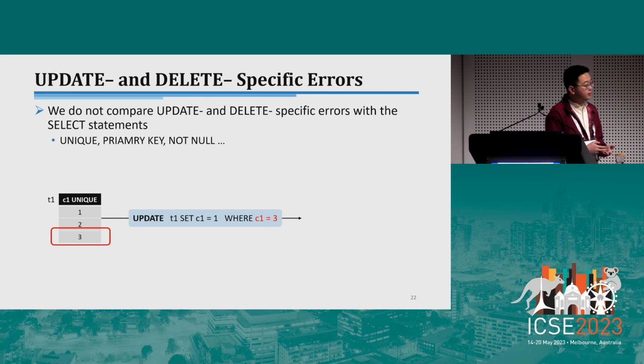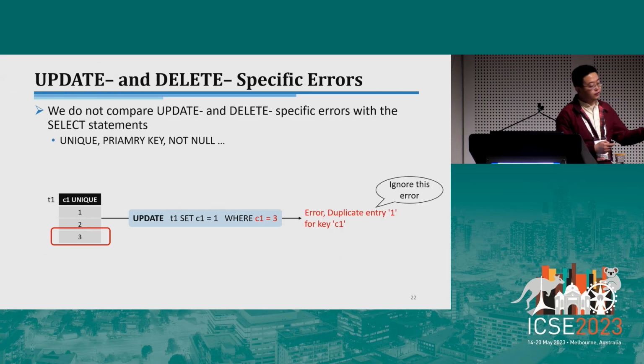Moreover, update and delete can write their specific errors when violating table constraints. In this example, when updating a table T1 with a unique column C1 to an existing value, an update-specific error is returned. And in this example, update does not change any rows, and we ignore this error.